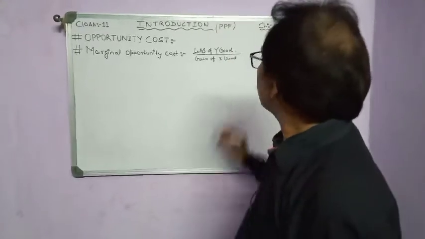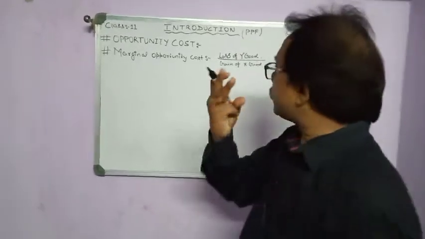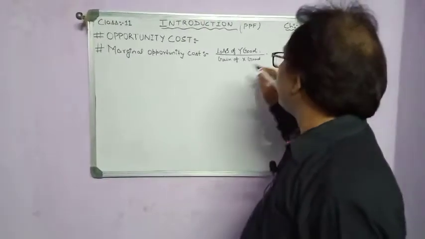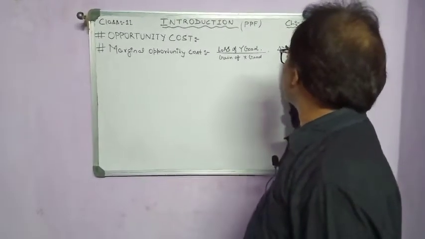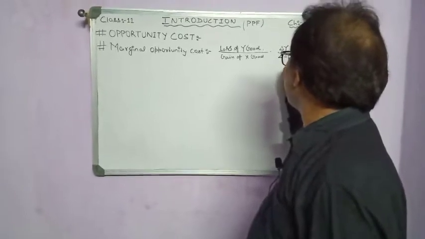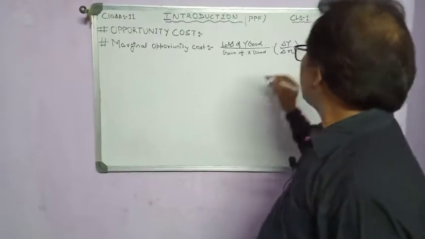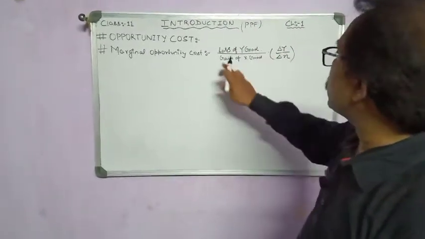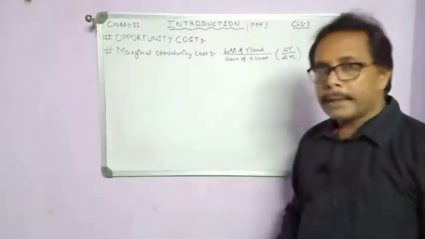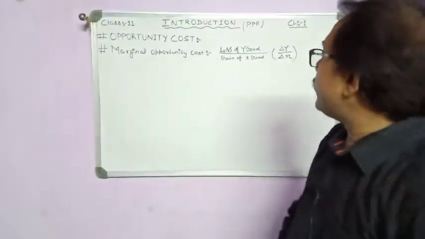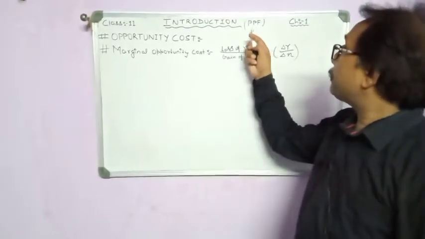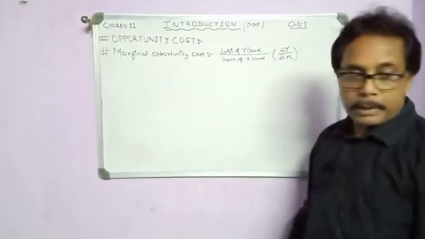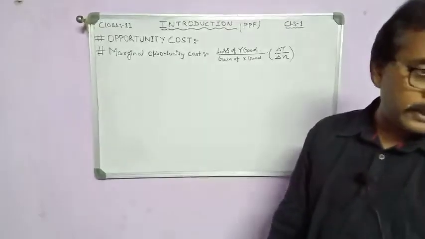If there are two goods X and Y, the marginal opportunity cost is equal to delta Y by delta X, that is, loss of Y goods divided by gain of X goods. Is it clear? On that basis we will be able to explain the PPF.